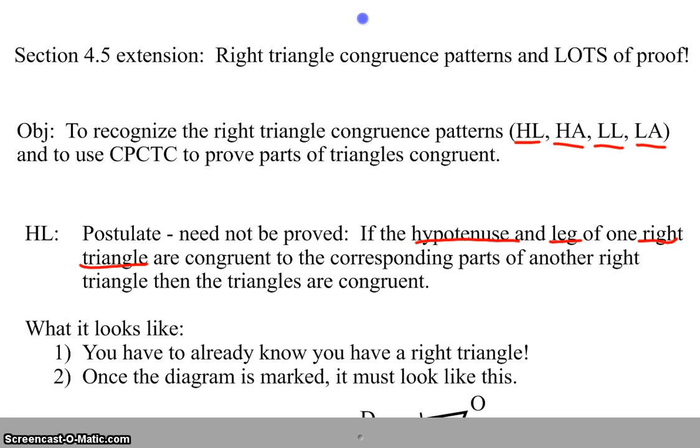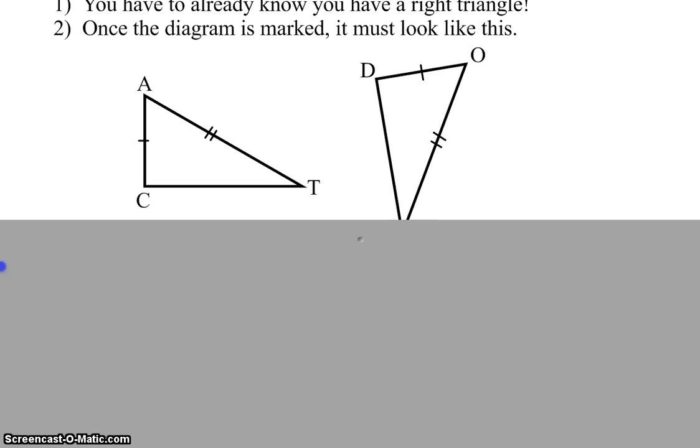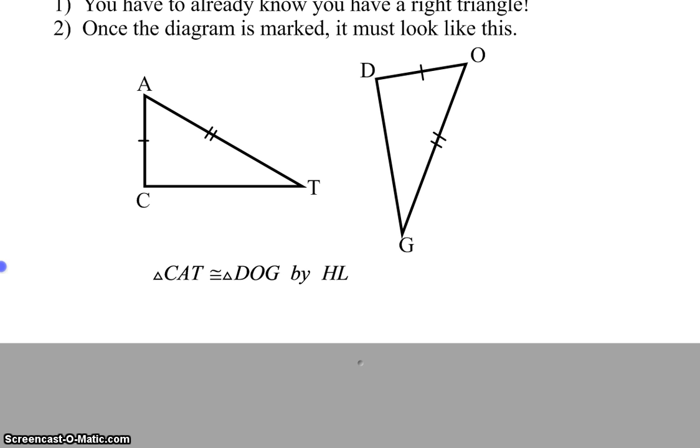So, this is what it's going to look like. You have to know you have a right triangle, and you have a diagram that's going to be marked. Now, in this particular diagram, my right angles are at C and D. And I say triangle CAT is congruent to triangle DOG by reason of hypotenuse leg.